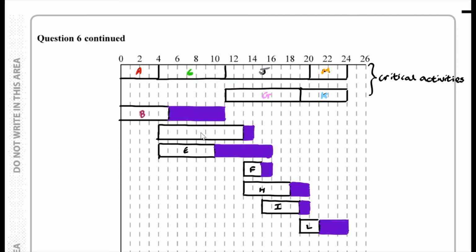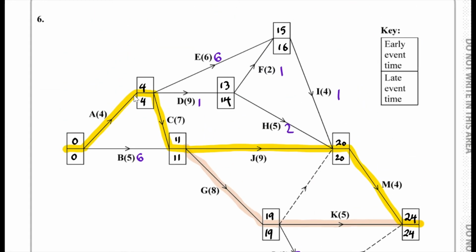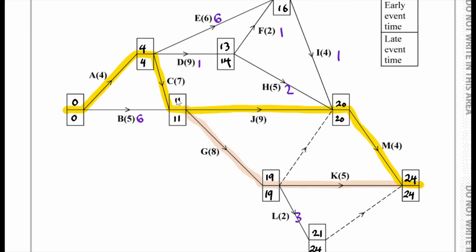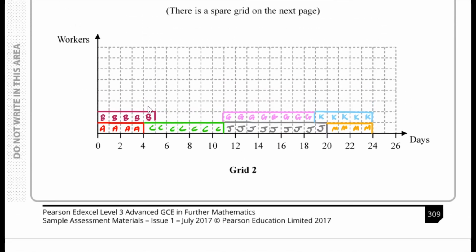We have over here D. Okay. Now for D, D starts when B finishes, whenever that is. And hopefully that makes sense. Sorry, D starts when A finishes. Okay, that makes sense. So if we go back here, D starts here.